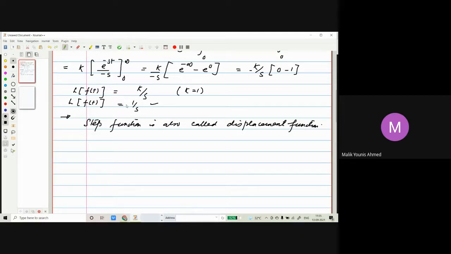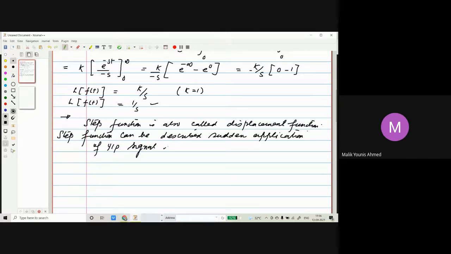It can be described as a certain application of input signal to the system.